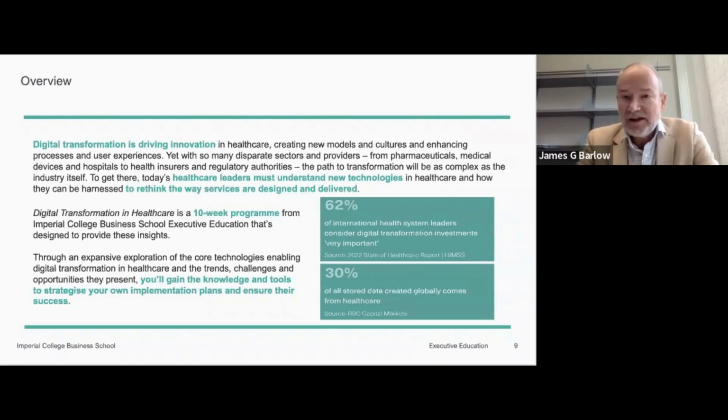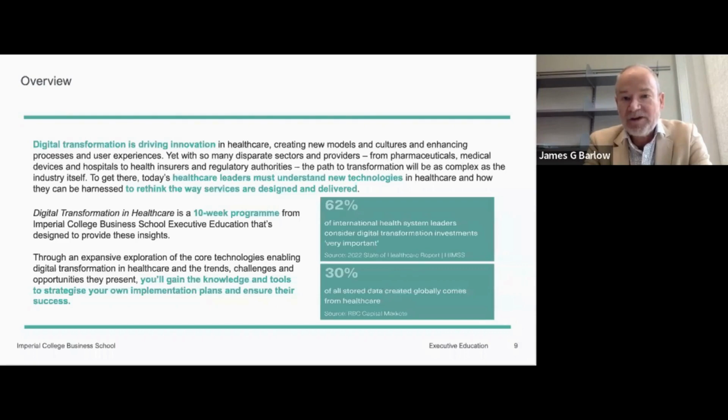So digital health transformation as a concept is on the lips of key stakeholders involved in healthcare services right across the world, whether we're talking about healthcare providers such as hospitals, policymakers from government, or supply chain players like drug companies. Everybody is talking about digital health transformation.